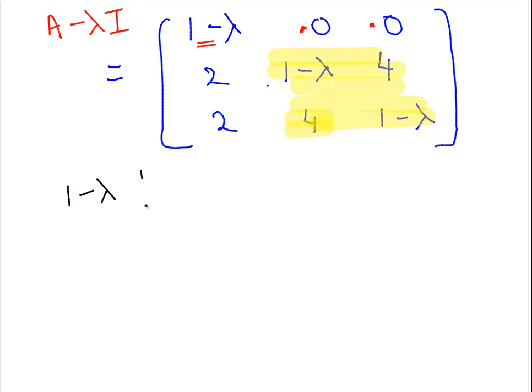So the determinant of that is 1 minus lambda, 4, 1 minus lambda. This is in the sign array position. We'd have a minus 0 here, and we get the determinant of its minor matrix, which will be these 2 values and these 2 values here. But because it's 0, we're going to disregard that.